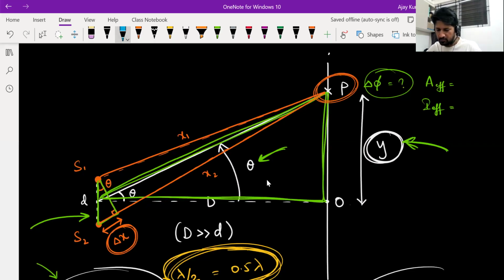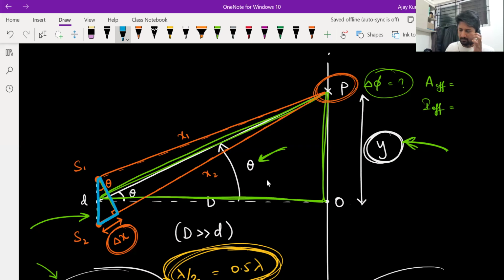From S1, you drop a perpendicular onto the wave traveling from S2, that blue line that I have just drawn. Then the distance between the sources, that perpendicular, and this extra distance traveled from S2 will form a right angle triangle.